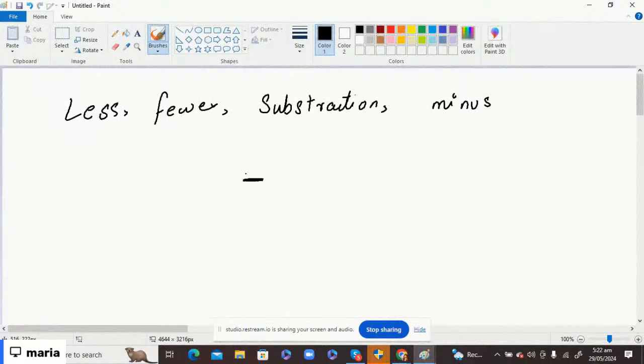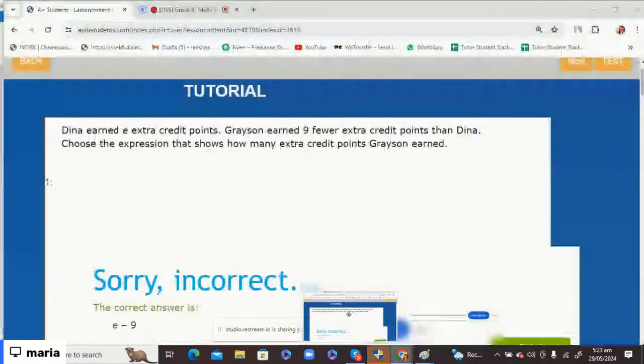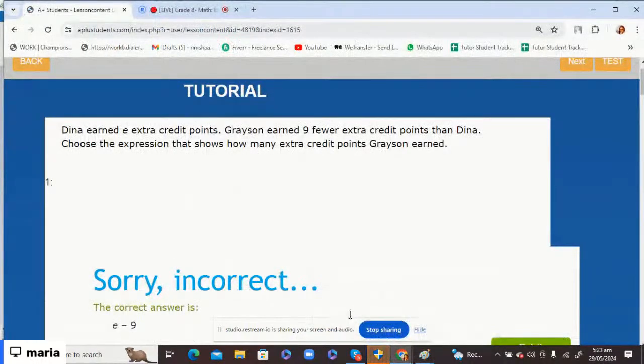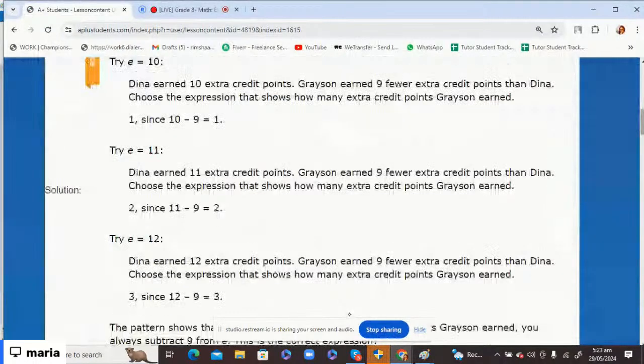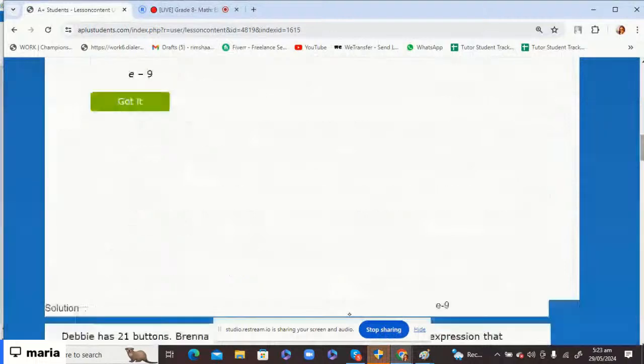And Dina is basically E. So E is representing Dina. And how much fewer? That is 9 fewer than Dina. So Dina is basically E, so E minus 9. Okay. This is all about it.